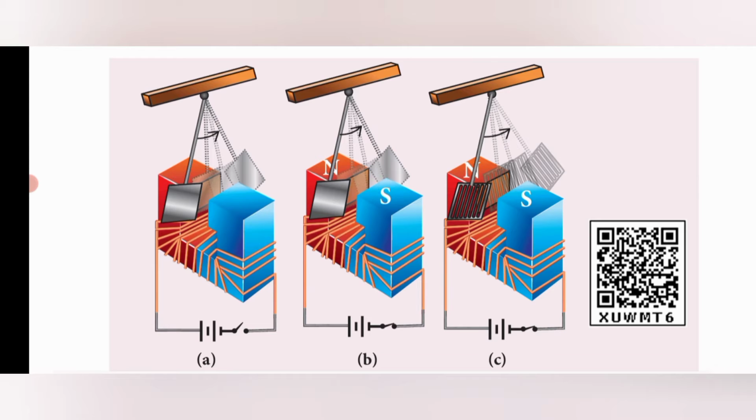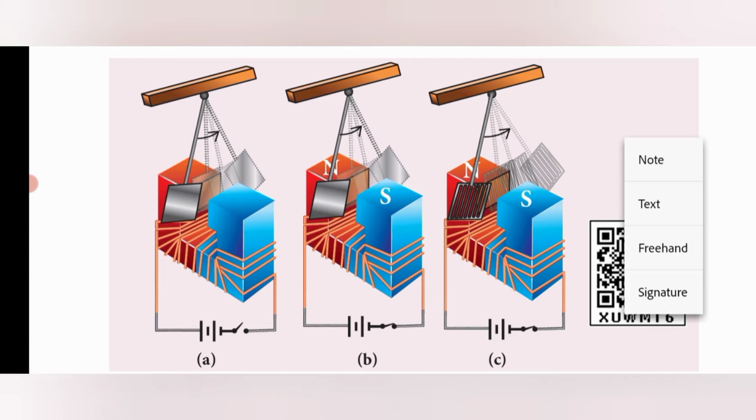In the first picture, the electromagnet is switched off, so when we oscillate that pendulum-like structure, it gives maximum oscillation, a to-and-fro motion. Only air friction resists the oscillation. There is no other force involved.